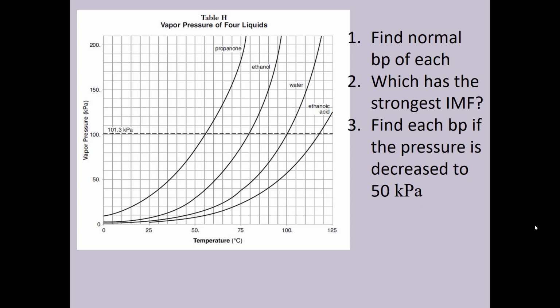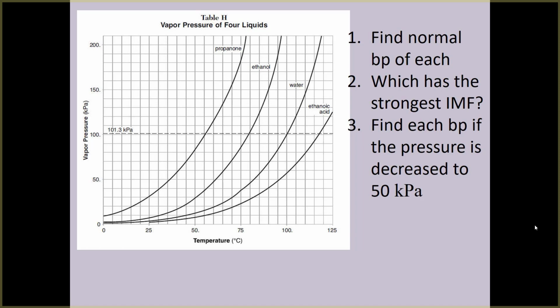So here's a diagram that shows vapor pressure of 4 liquids. First of all, let's find the normal boiling point for each. So remember, boiling point means that the vapor pressure of the liquid is equal to the vapor pressure of the atmosphere. And to find the normal boiling point, I need to look at standard pressure. So this dotted line going across here is going to tell me my normal boiling point for each of these substances.